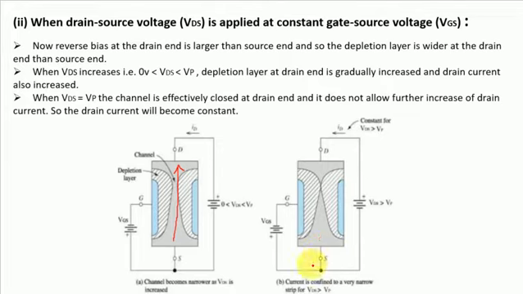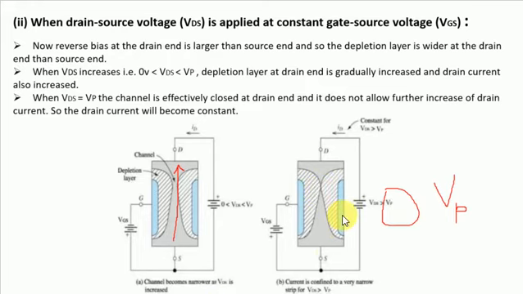At that voltage we say it is the pinch off voltage, VP, as a kind of pinch is forming over here. So it is called the pinch off voltage, and it completely interrupts the flow of electrons.